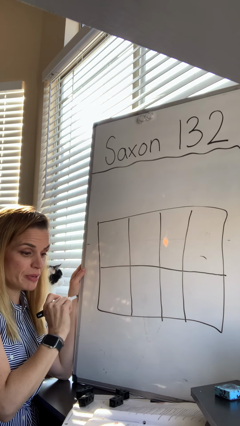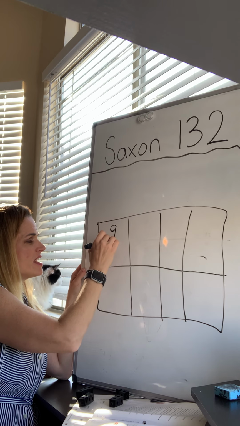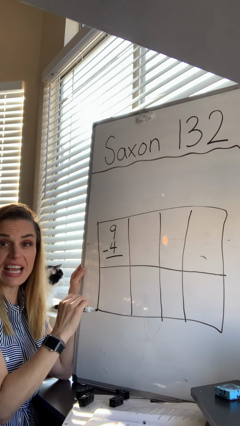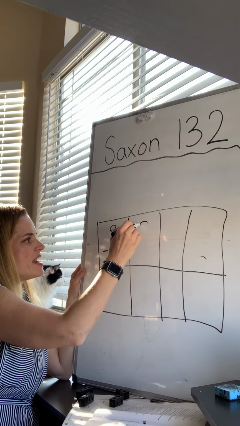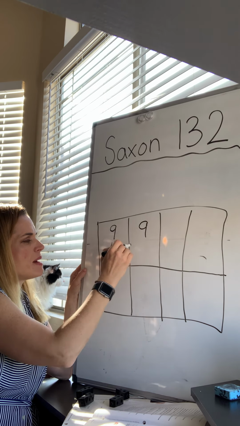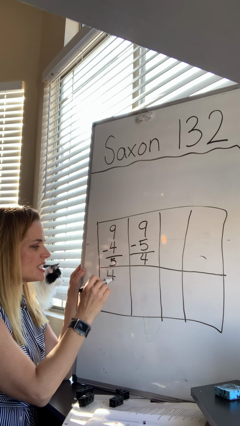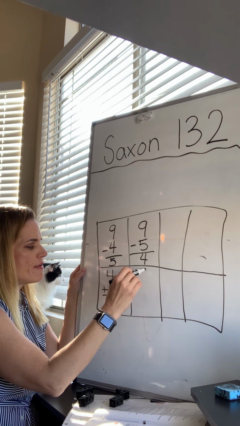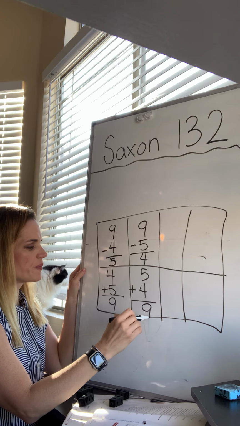And then you're going to do those facts that we did. 4 equals, and then you can put the answer on the back, which is 5 minus 5 equals 4. What's the addition fact? 4 plus 5 equals 9. 5 plus 4 equals 9.